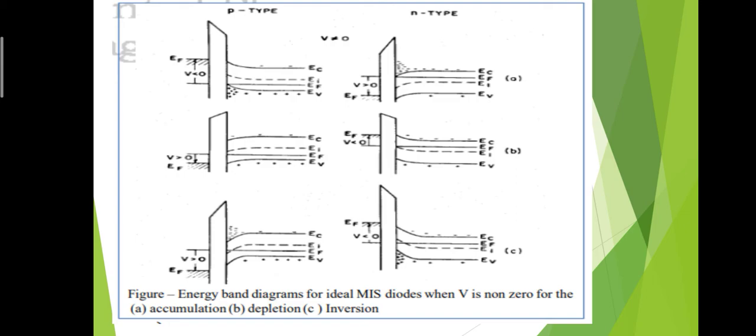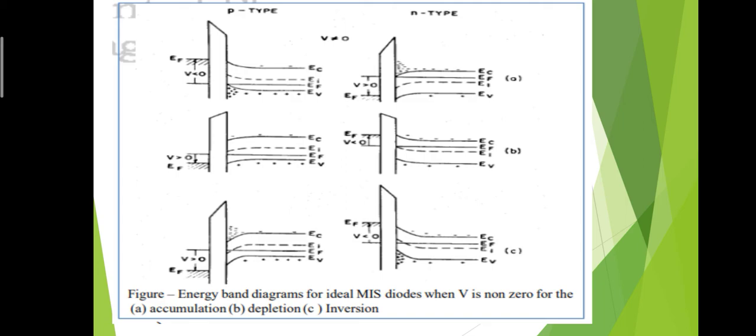First, figure A is for the accumulation, B for the depletion and C for the inversion. So for the p-type material, the band bending is in the upward direction, and for the n-type material, the band bending is in the downward direction for the depletion stage.